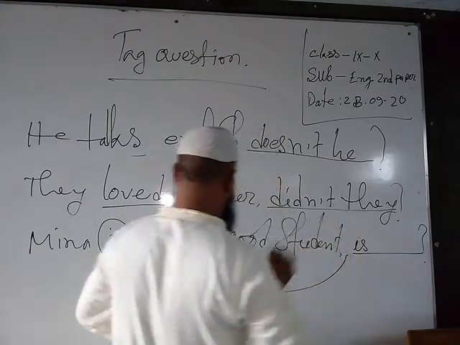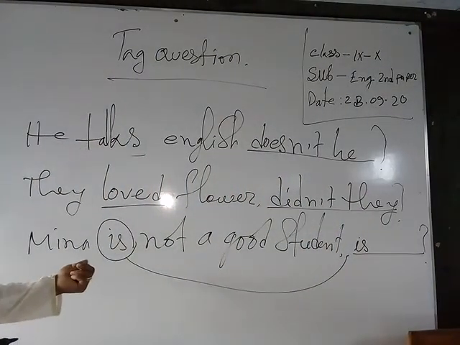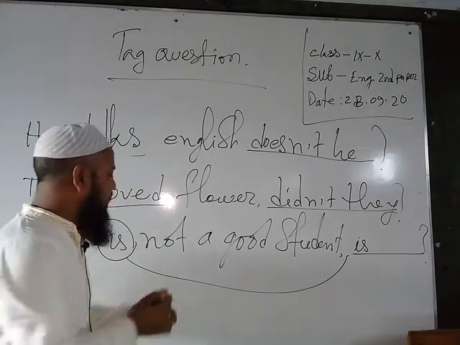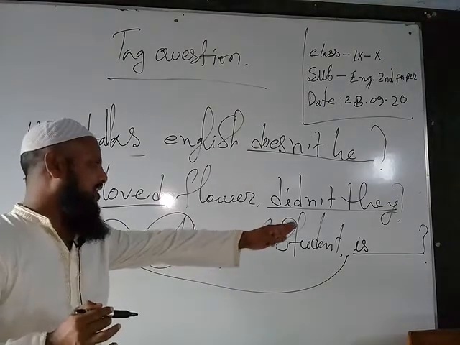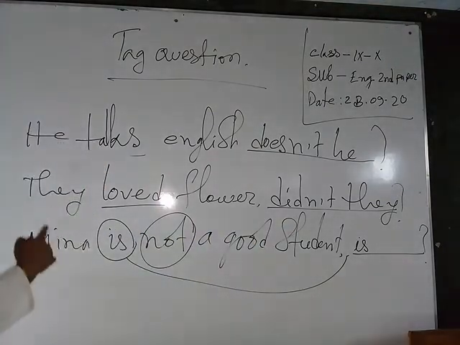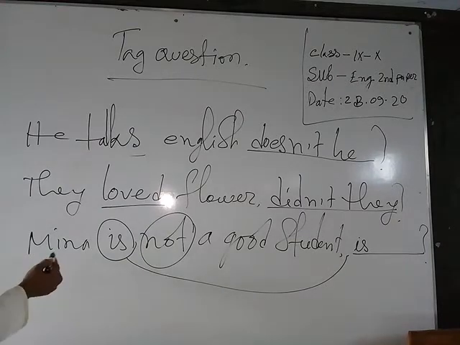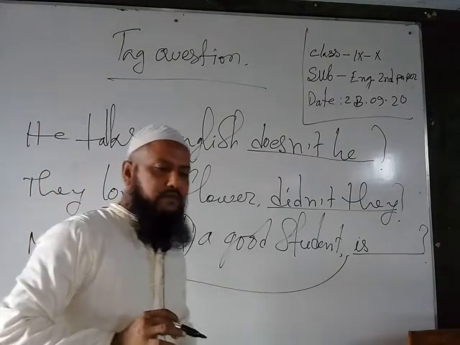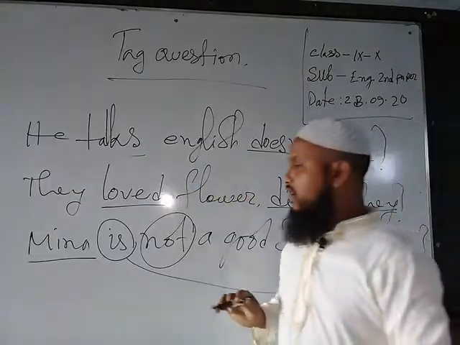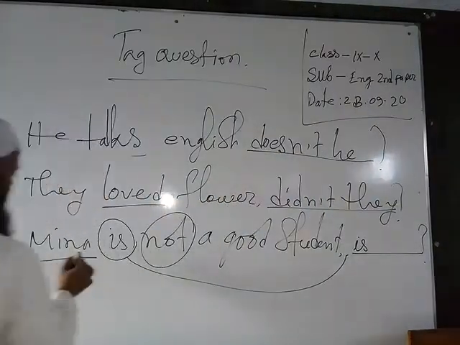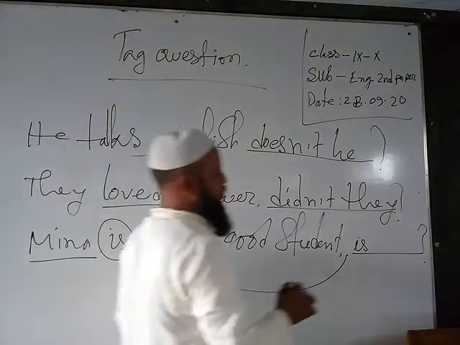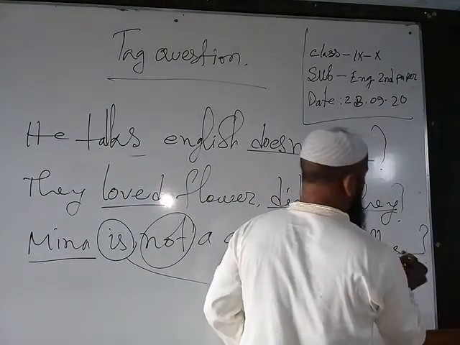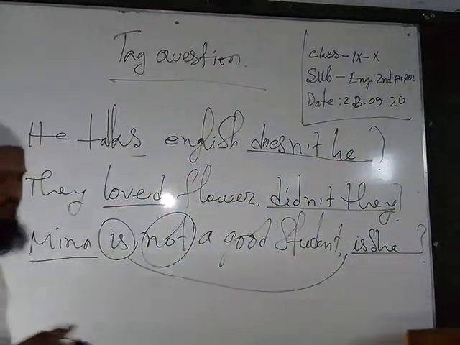Here we write is, and if the sentence is negative, we don't use the negative term. Here the negative term is not, so we don't use not in the tag question. Then we use the subject, but the subject is Meena. Meena is a noun. If the subject is a noun, we use the pronoun of this noun. The pronoun of this noun is she, so we use she. The answer is is she.